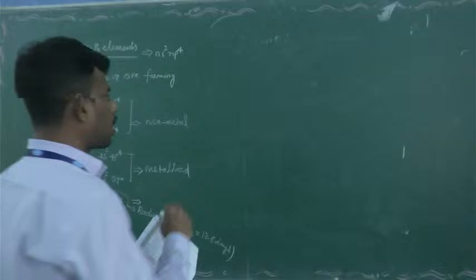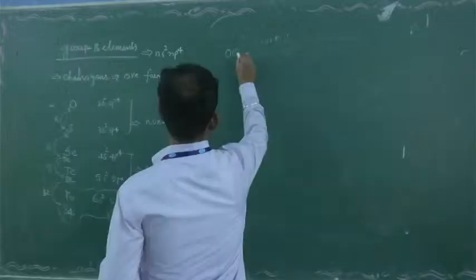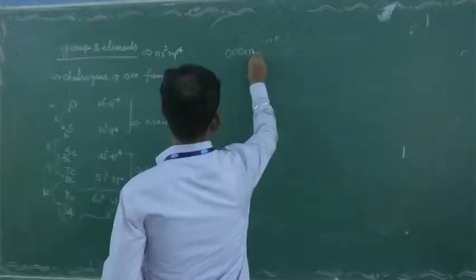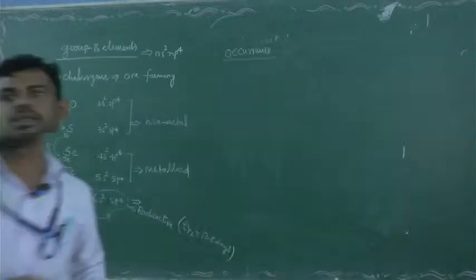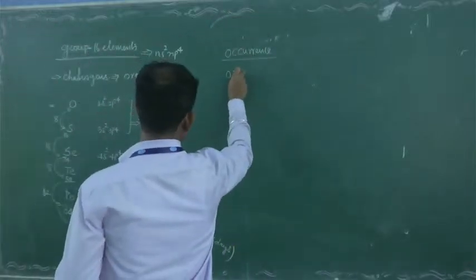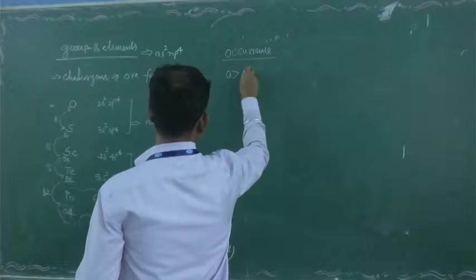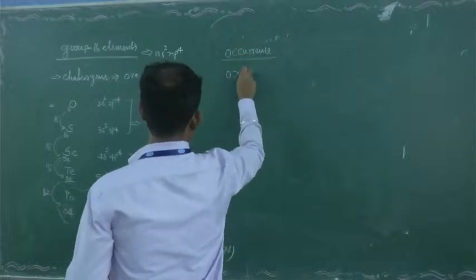Next, occurrence. Already I discussed the most abundant element in the earth's crust. The most abundant element is oxygen, followed by silicon, then aluminum.